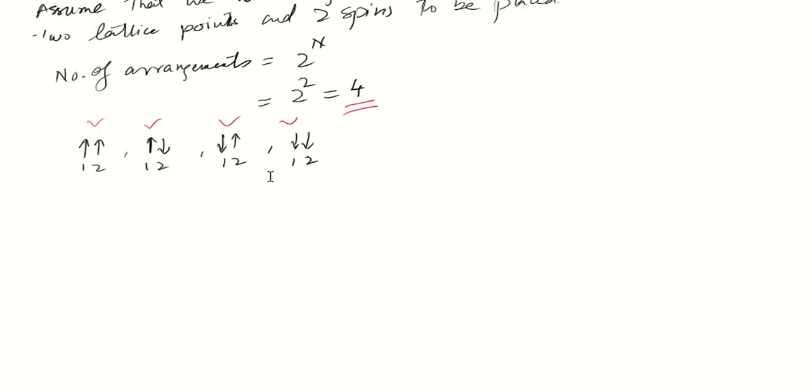Now there is an interesting analogy with the square of 2 entities. You remember (a plus b) squared is equal to a squared plus ab plus ba plus b squared. You know this formula really well.